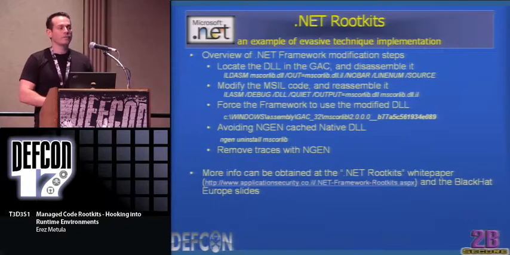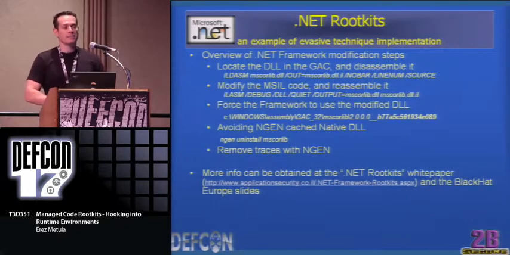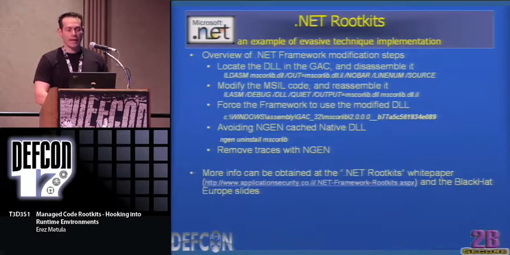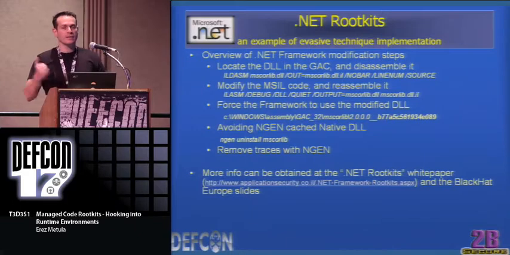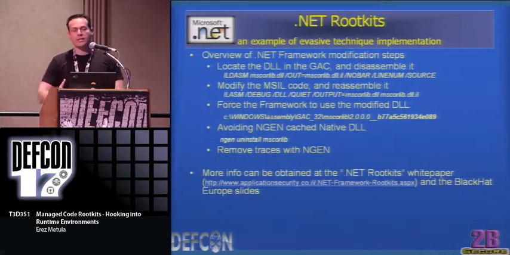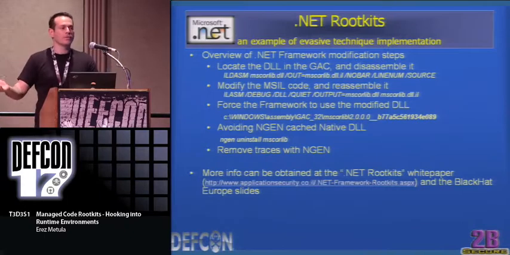Well, it turns out that if you take the DLL and put it back in its location in this directory, and this contains the signature of the real one, the loader looks at the signature. It says, hey, I need to load the DLL containing this signature. Well, I just load it from there. So no signatures are checked.